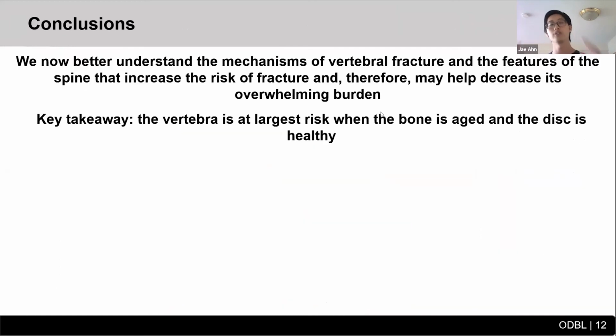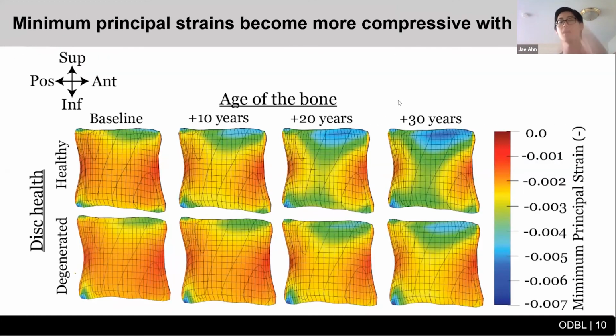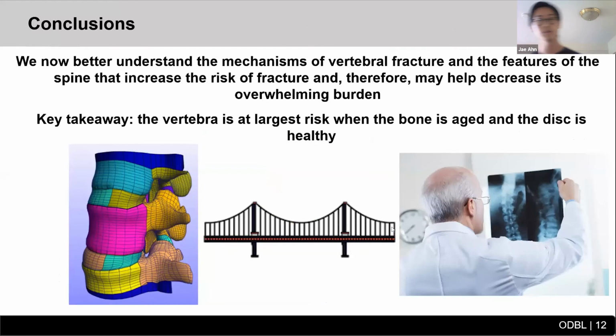If you have something rigid like that standing on top of the vertebra, you should expect to see a lot of compression, particularly near the surface, as well as in the middle regions, because bone mineral density is lower near the central regions compared to the sides and edges. But when you have a degenerated disc sitting on top of it, there's not as much compression.